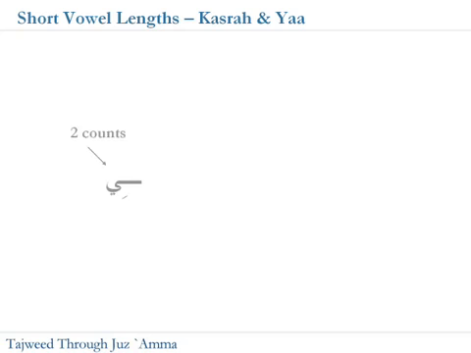The kasra is judged against the length of the kasra and the ya, so this is e. So 2 times the length of a single kasra gives you the e. That means that the kasra is half the length of the ya when used as a long vowel.